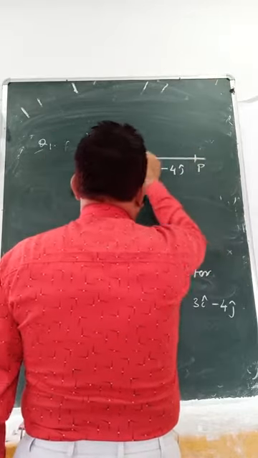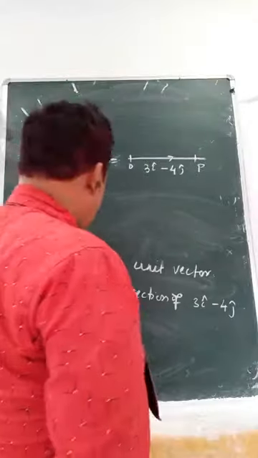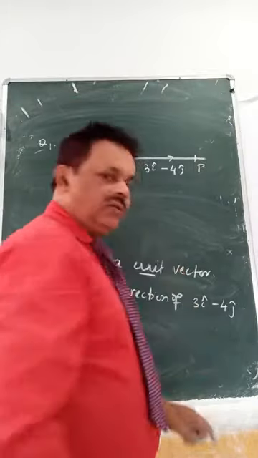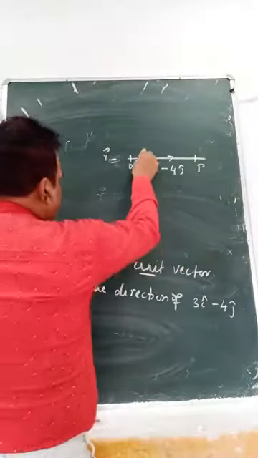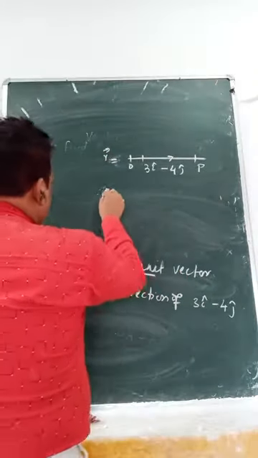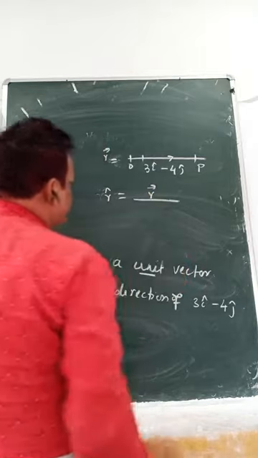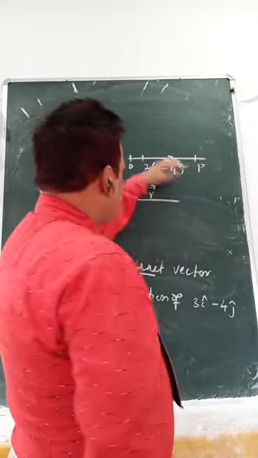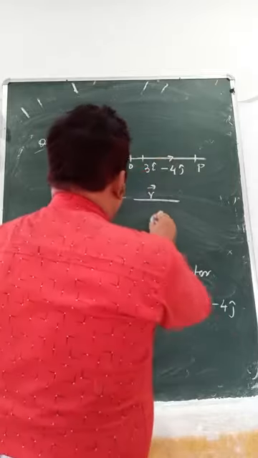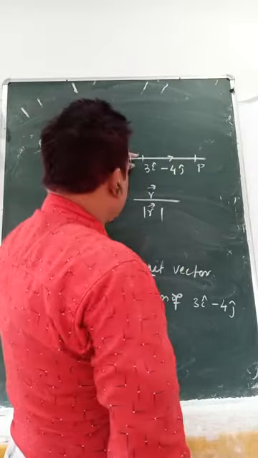OP suppose R vector. So you want to find a unit vector. How to unit? Unit means the length should be 1. So I will write R cap equals to total vector divided by its magnitude. If I divide with the magnitude, then I will get a unit.